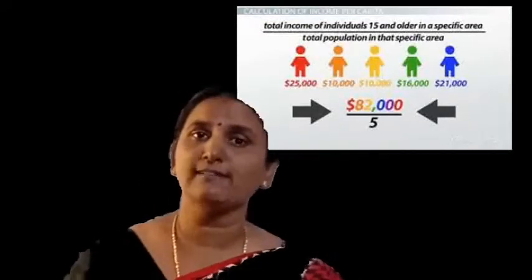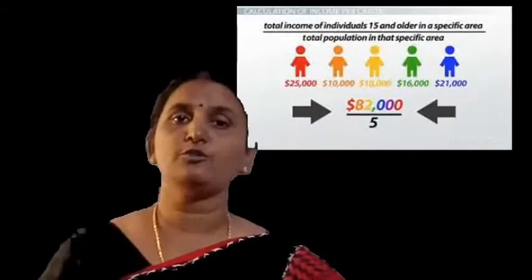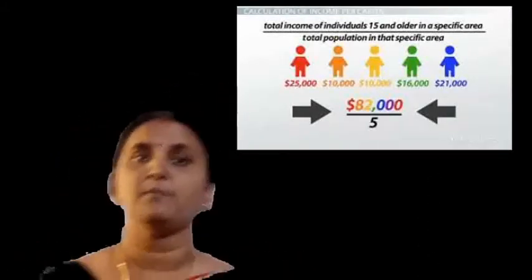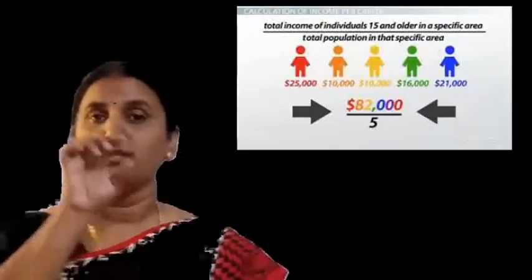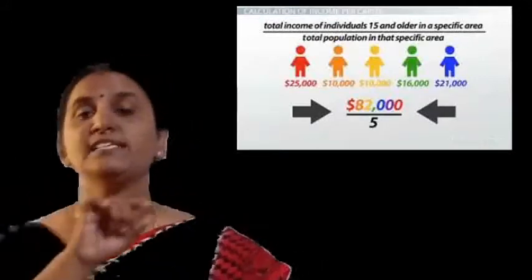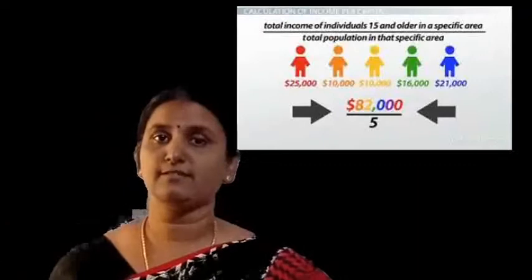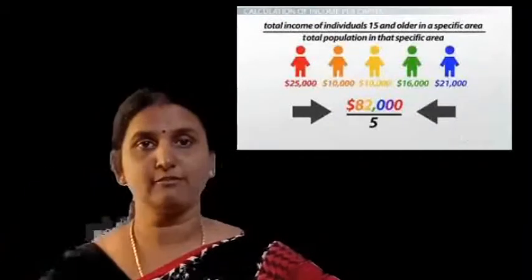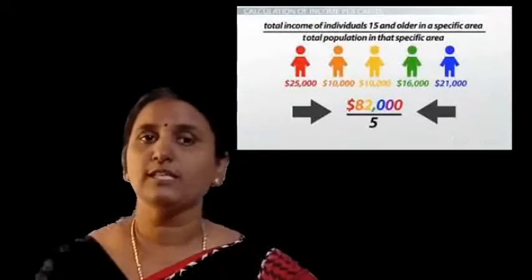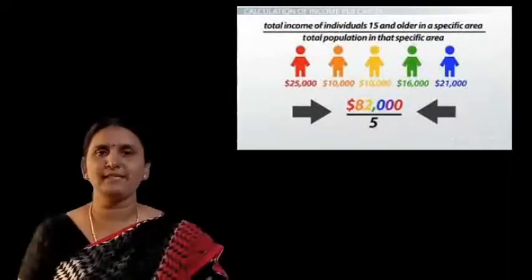Everyone knows how to calculate the average. Like that, to find the average income of a person, the national income is divided by the total population of a particular country. The answer is said to be the per capita income.